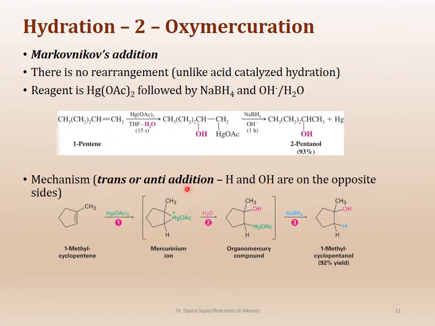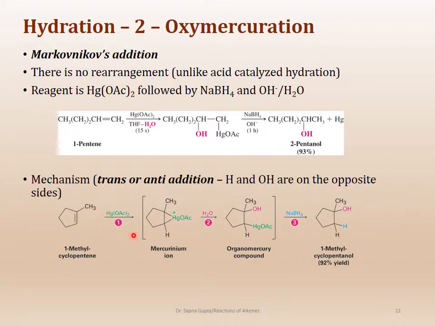So here then we have the mechanism for you. Now we'll take a cyclopentene, asymmetric, just to make the point that you see that the reaction is Markovnikov addition, and this is how the steps are going through.